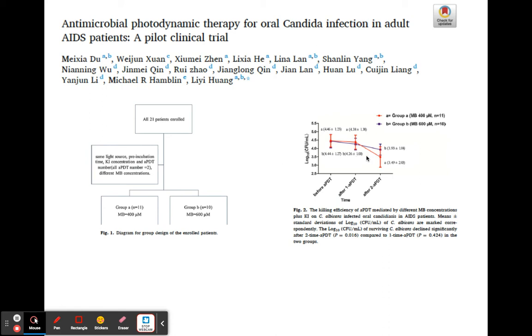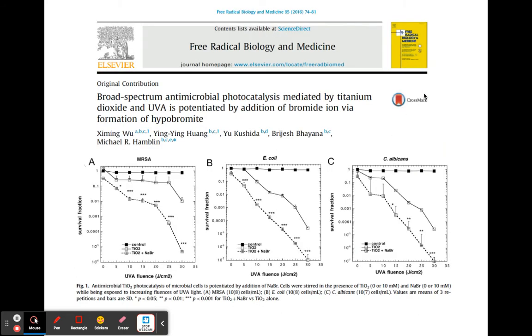And here you see if you do 2 successive treatments, I think they were 1 day apart, I believe, you get quite a good clinical effect after the second treatment. So potassium iodide worked well.